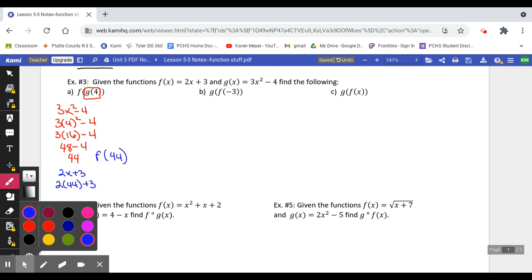Then you do 2 times 44 plus 3, which gives me the answer of 91. So remember, you start with the inside function, plug the given number into that function, and then you take that answer and plug it into the outside function.